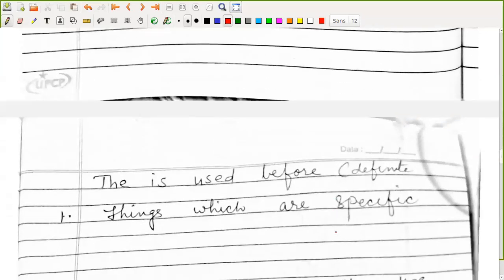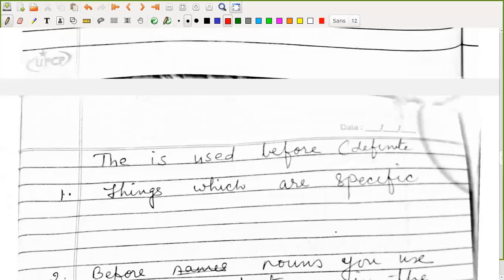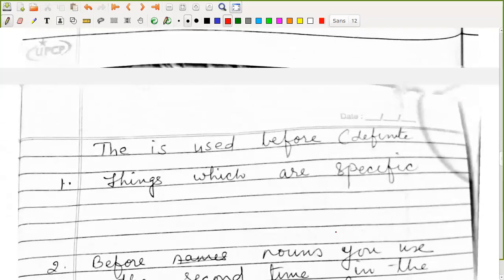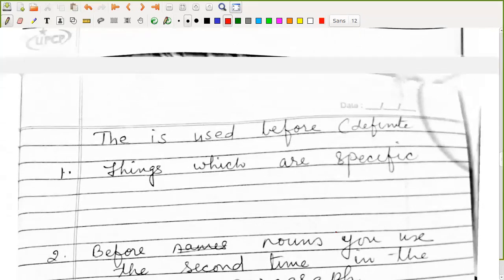Now we come to the. The is also called the definite article, because it is used for some particular things which are specific. Like, example I will give you.